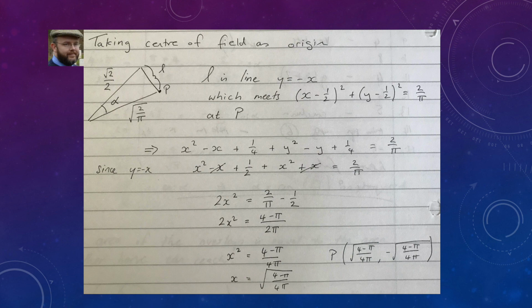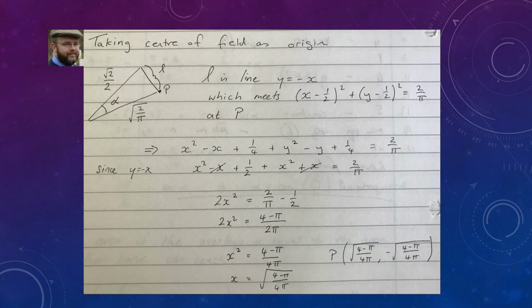Now that is where the line y equals minus x, which is going through the centre of my field, meets the quarter circle, which you can see has the equation x minus a half all squared plus y minus a half all squared is equal to 2 over pi. That's the radius squared, so hope you agree with that.